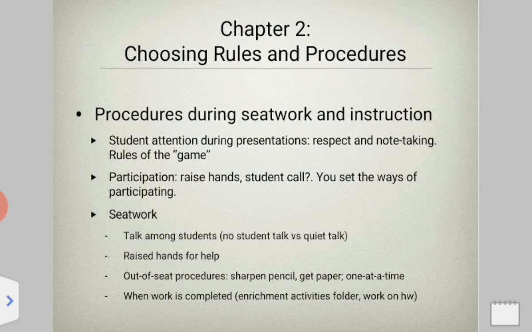Probably it's important, right? Because that keeps students connected to the class, that keeps students focused on what they have to do, on the information that you're providing them, and to set the rules of the game, not only in the beginning of the year, but in the beginning of every activity.